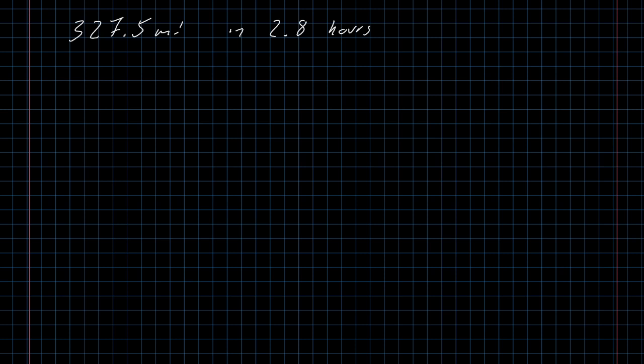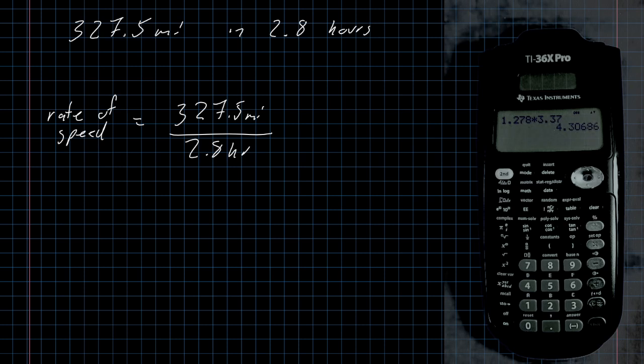But to find the rate of speed, to calculate the speed that you're traveling, you take the distance you went, you divide by the time it took, you ask the calculator to do all the heavy lifting for you.